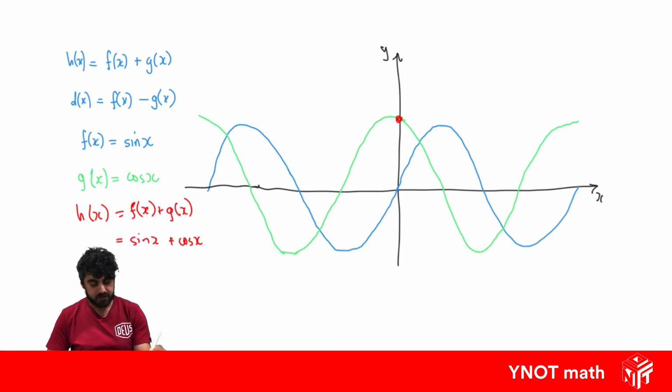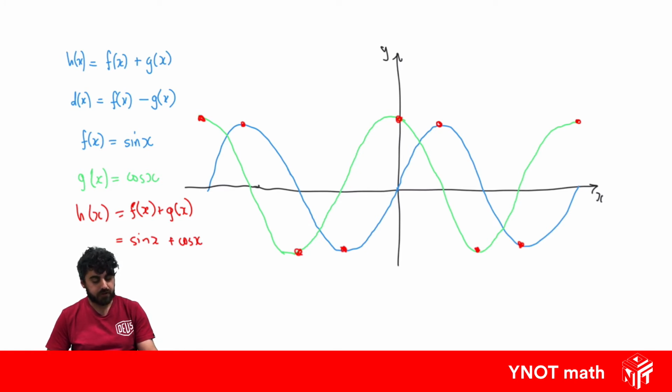Just as when cos is 0 over here, sine is 1, so we know the function's also going through there. Here, when sine is 0, cos is negative 1, so we know the function's going through there. And using all these same times, every time one of the functions is 0, it's going through the other function. So we know our addition of the function is going through all of these points.